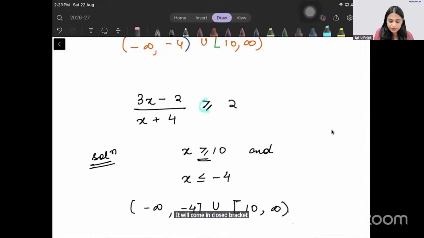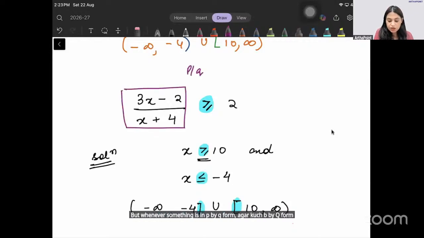Because of this, wherever you solve, an equality sign will come along. Equal means that number will be included. Number included means closed bracket. But whenever something is in P by Q form, your Q has to be not equal to 0. It means x plus 4 has to be not equal to 0.